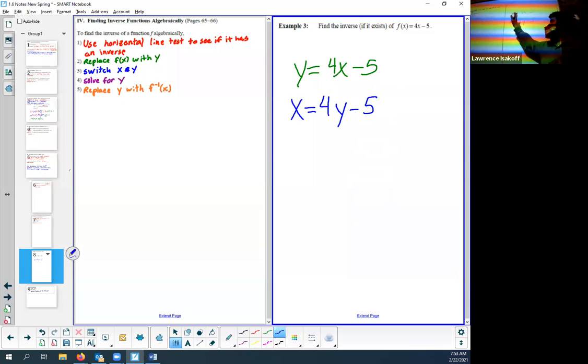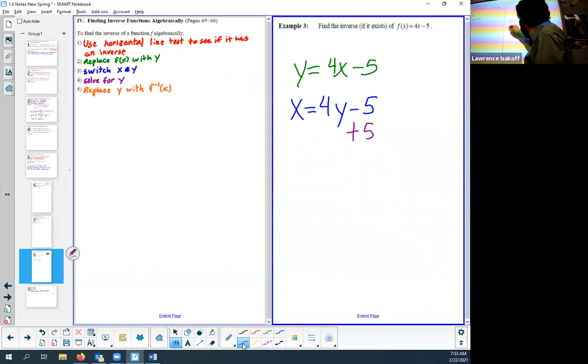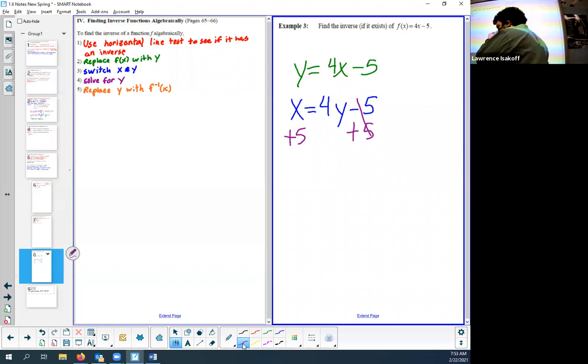So all I did was rewrite the equation. Where I saw x, I changed it to y. Where I saw y, I changed it to x. Now our goal is to solve for y. So I can start by getting rid of this minus 5 with a plus 5.